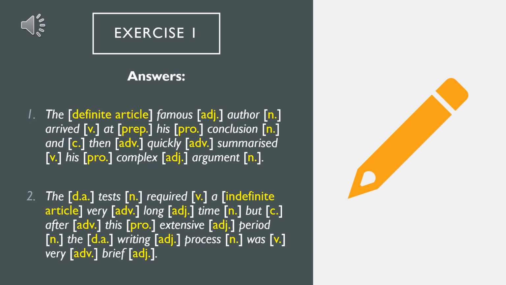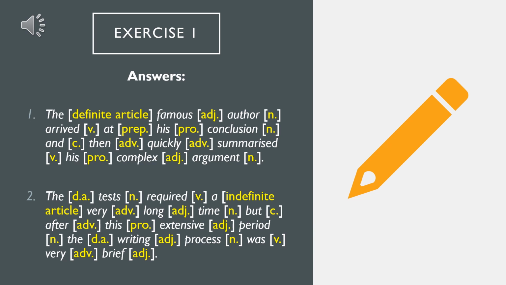His is a pronoun because it's an unnamed someone or something. His is also what we call the genitive or the possessive case. All this means is that the word denotes ownership. In this case, he owns the conclusion. It's his. So his is a pronoun in the genitive case.